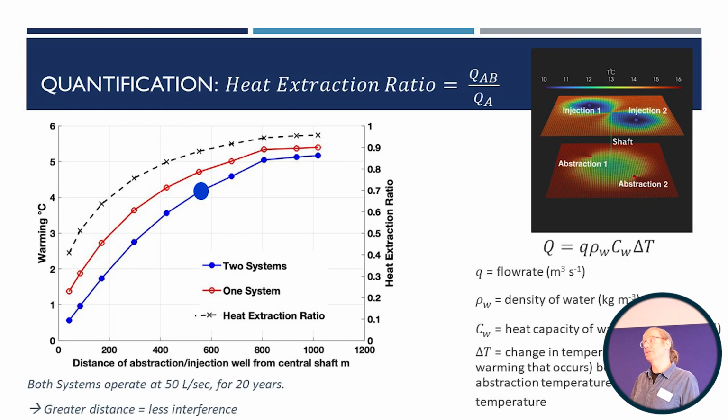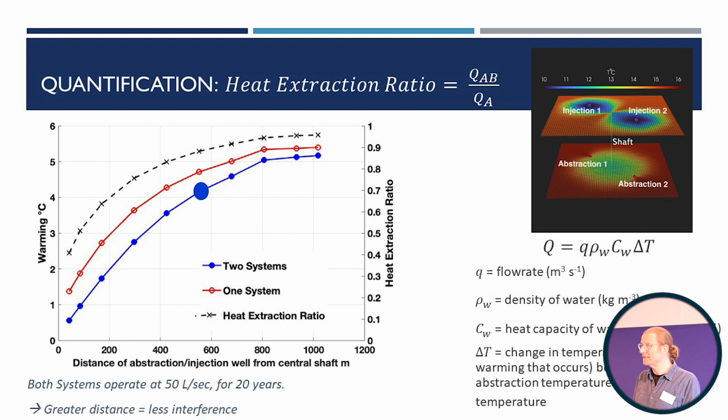Now, we did lots of different calculations, varying the parameters that I mentioned earlier, and then you start to see a pattern. For example, this particular plot on the left shows what happens if you change the distance that the water has to travel. In this case, the distance shown here is the distance between the injection point and the shaft.